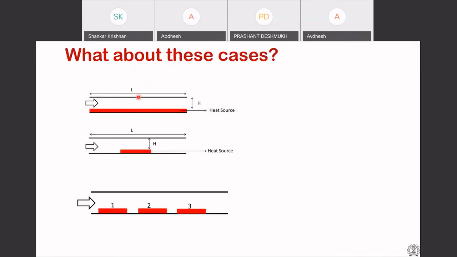If my velocity boundary layer is interacting with the top plate, or the boundary layer that develops from the top plate, then one has to deal with it as internal flow.